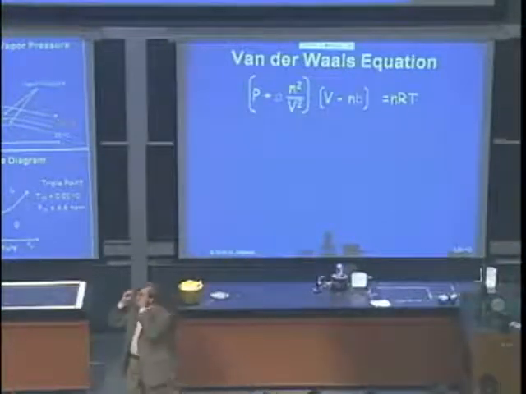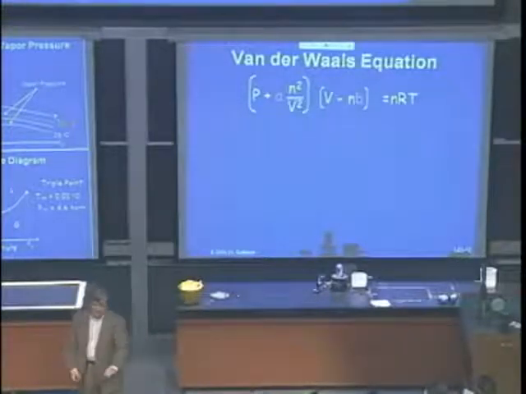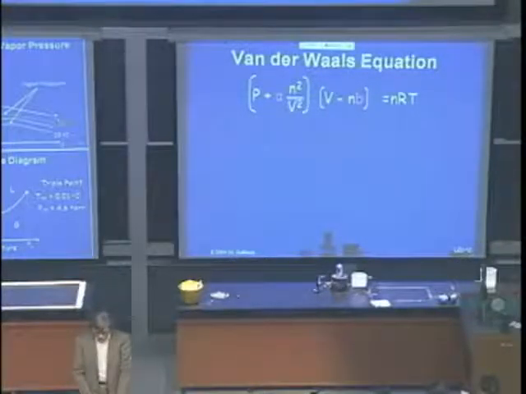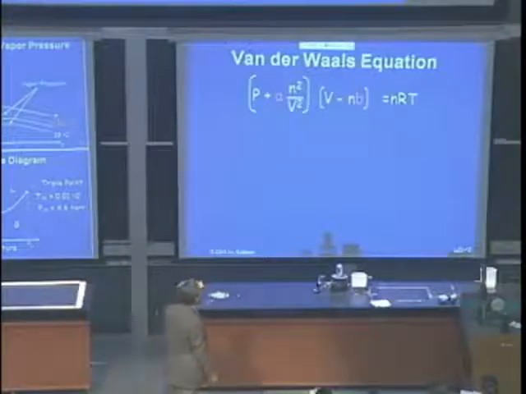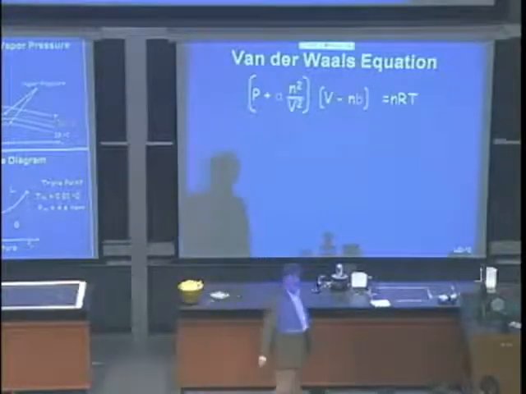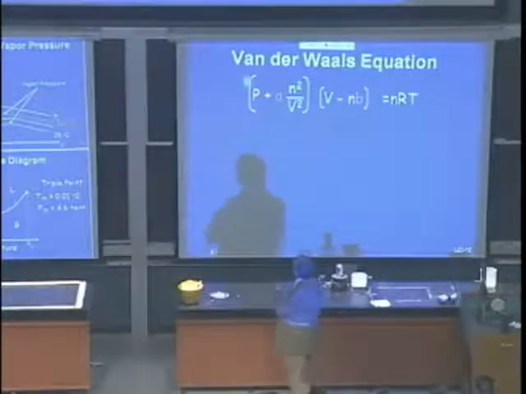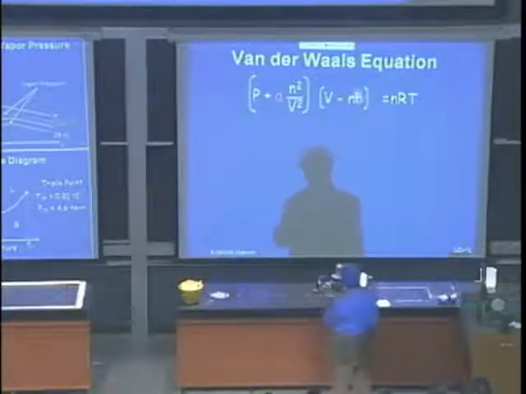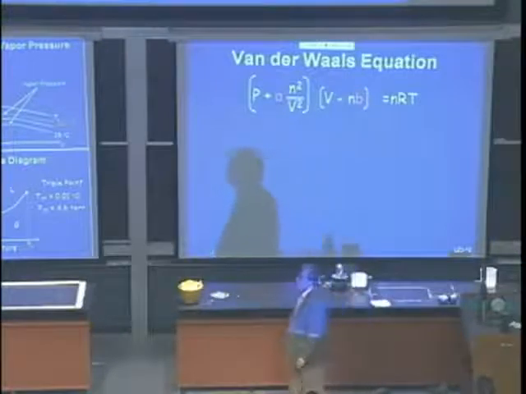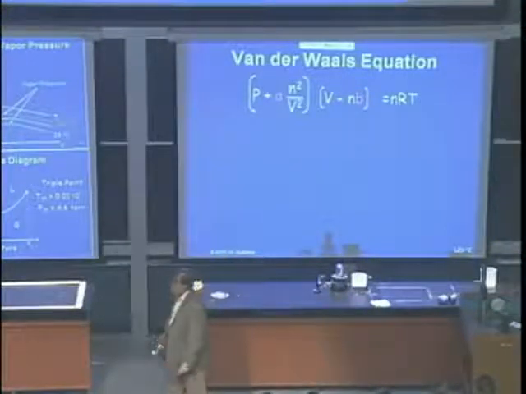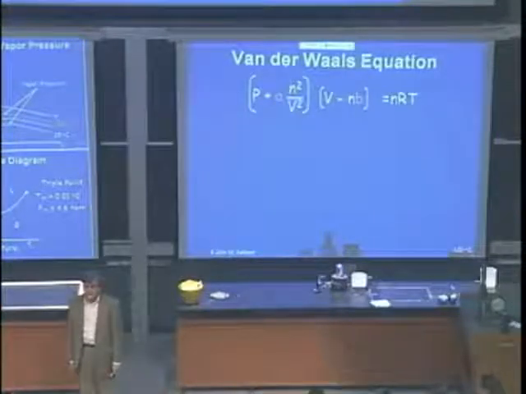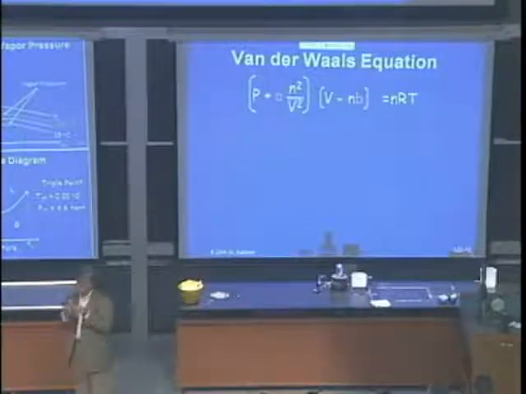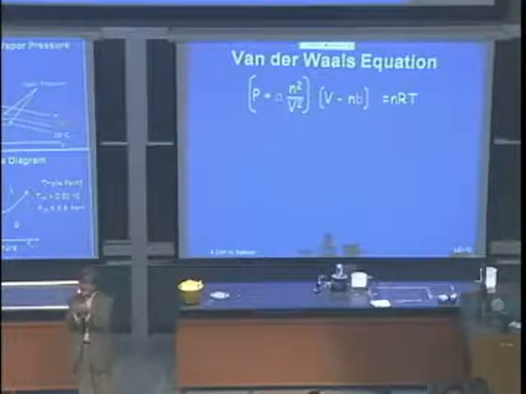So remember, PV equals nRT. If we have a real gas, we observe a pressure and we observe a volume. And this would be the pressure that we observe, and this would be the volume that we observe. But the volume of a real gas is different than an ideal gas, because a real gas has real particles, and they have a volume.